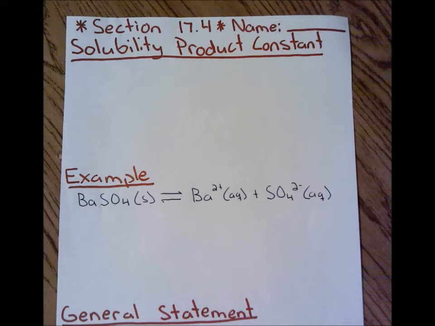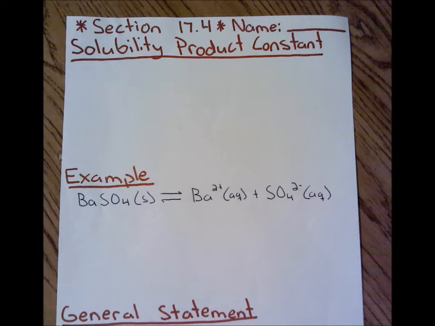Objective number 2: calculate the KSP from solubility data, and solubility from the value for KSP of an insoluble salt. And then objective number 3 is calculate the effect of an added common ion on the solubility of a slightly soluble salt. So let's go ahead and get started with what is the solubility product constant.